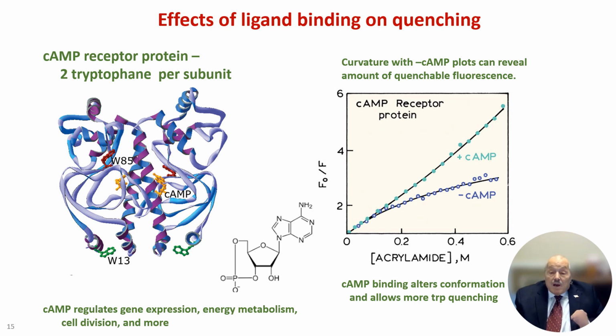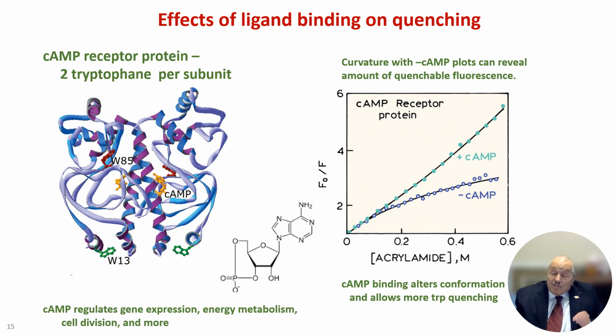receptor. In the absence of cAMP, we notice the quenching curve is showing downward curvature. We're going to show in a few slides later that this tells you the accessibility of the 2 tryptophans is not the same.